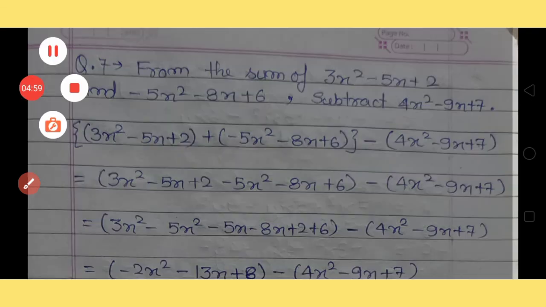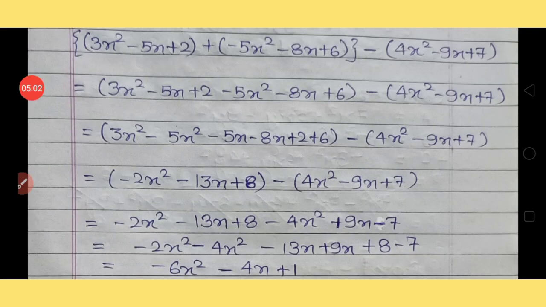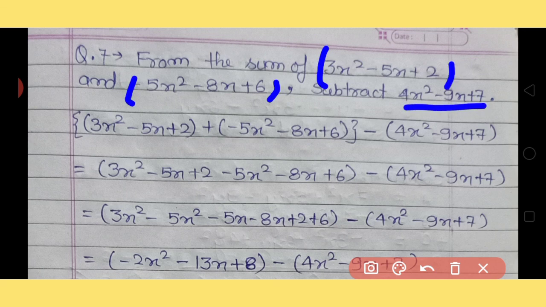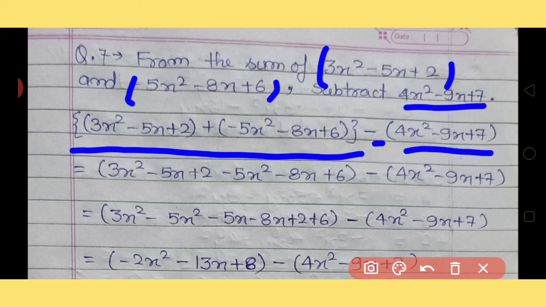This means that firstly the first and second terms will be added, and then the third term will be subtracted. So I have written a bracket in the middle, and a small bracket for the addition, and then I have written minus and the third term.